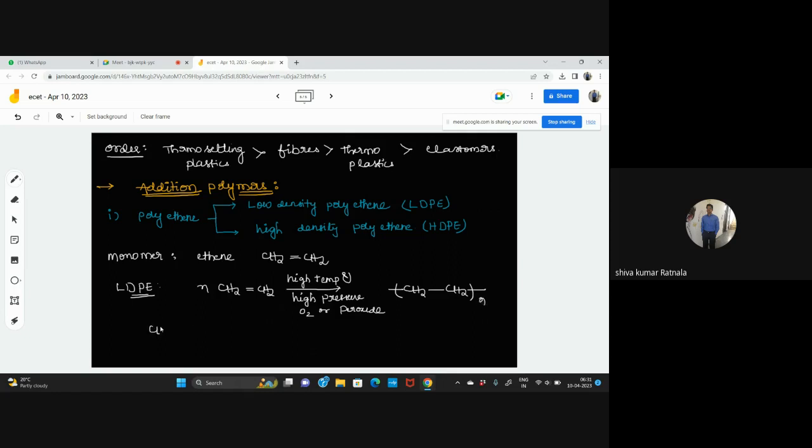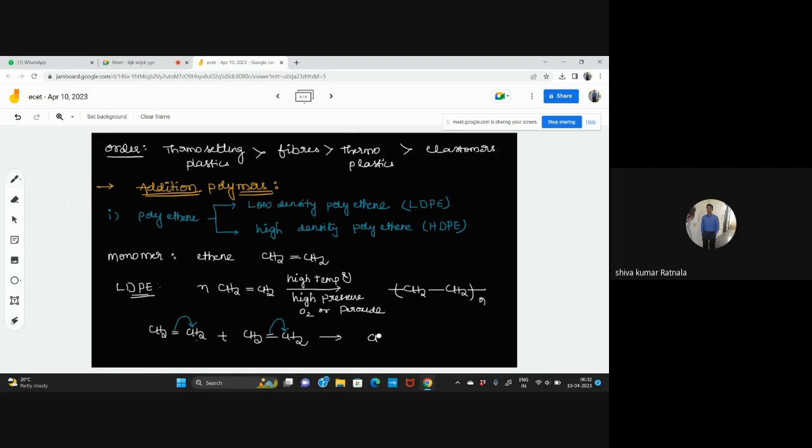Let me take two molecules of ethene. The first molecule shifts in this direction and the other in that direction, so one end gets a negative charge and the other a positive charge.